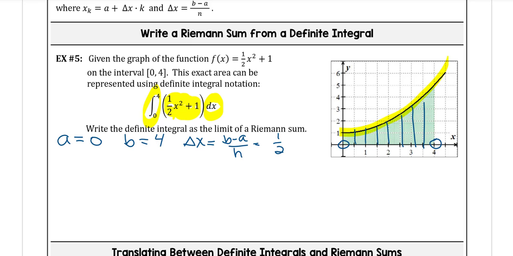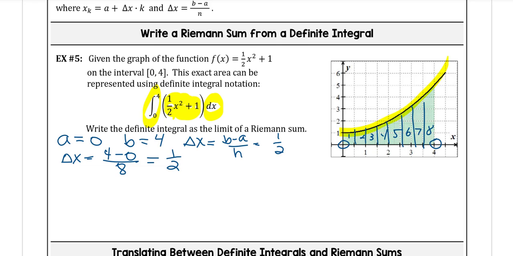If we do that, we have 1, 2, 3, 4, 5, 6, 7, 8 intervals. So our delta x ends up being 1/2, if we do 4 minus 0 over 8. So we get 1/2. However you want to do it, from the graph, create 8 rectangles and then figure out how wide they are, or you can pick a width.